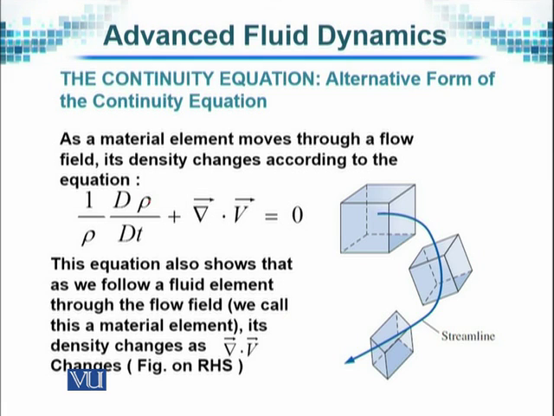So capital D rho by Dt is indicative of the material derivative of rho, and it only shows that the density is changing, shown here in the picture as a larger quantity than a smaller quantity, and as the stream moves, the density may change with the movement of the flow.